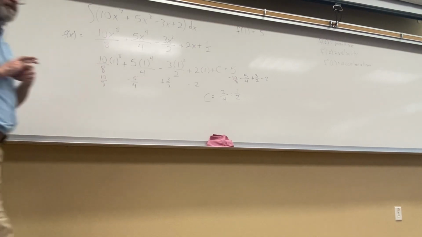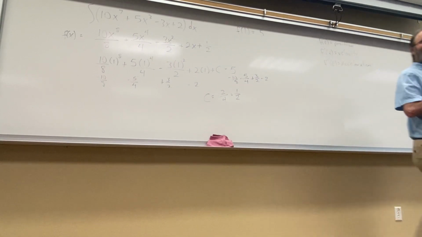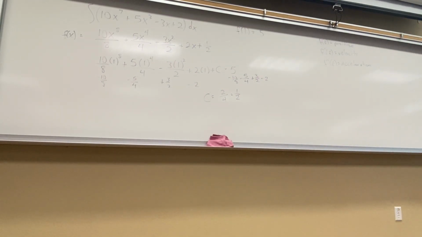So 3.9 is the related rates. 4.7 is the optimization, and then 4.1 is finding maxes and mins. 4.2 is the mean value theorem. That's not going to be on there. There's nothing from 4.2 on there. 4.3 is sketching the curves, the increasing, decreasing, concave up, concave down, and 4.4 is L'Hopital's rule.